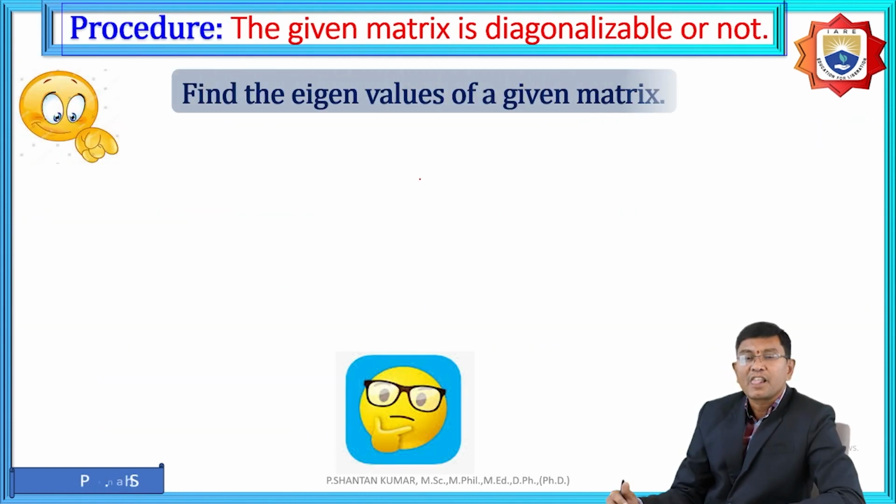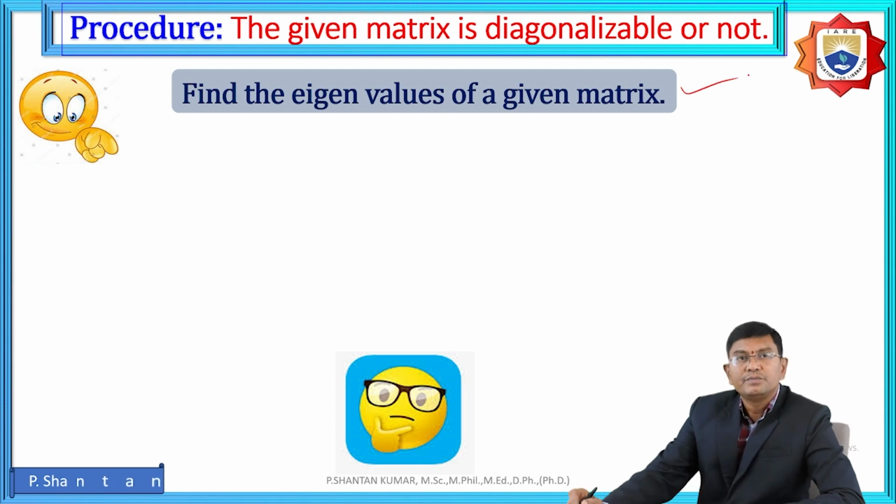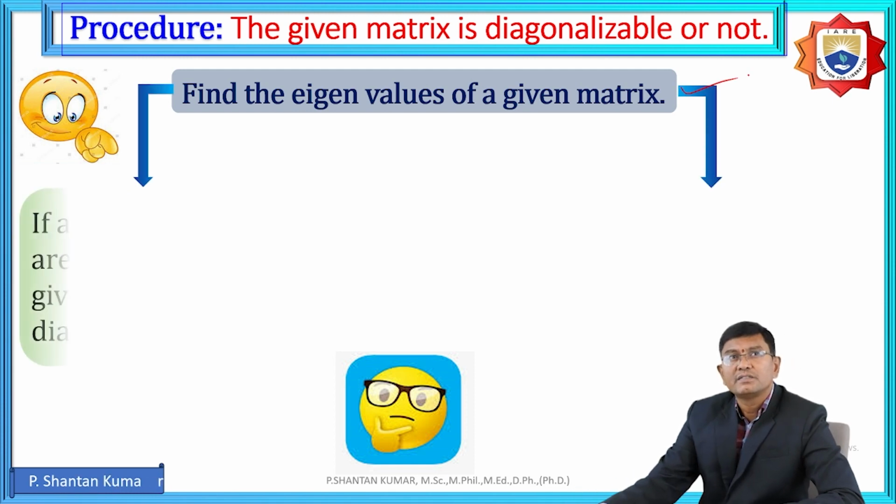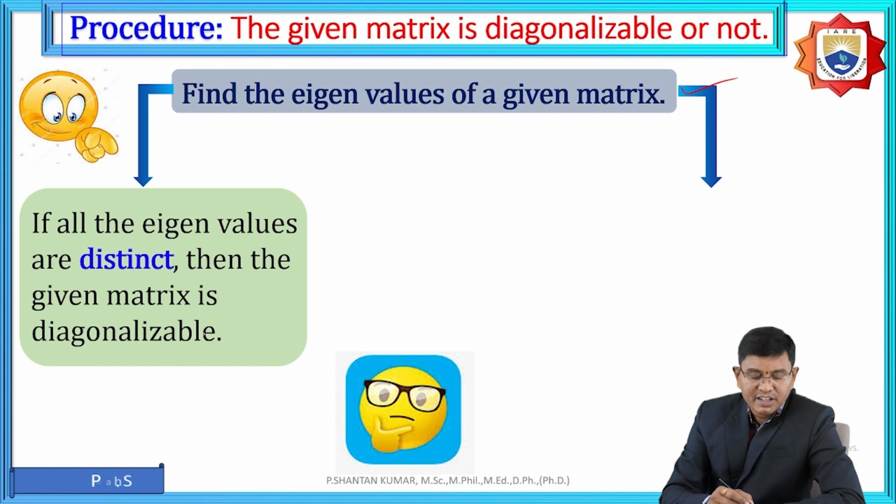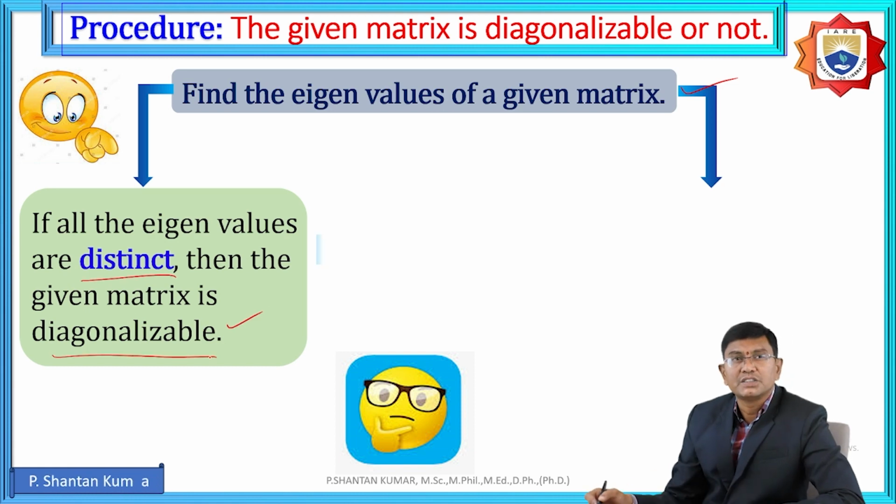First, finding the eigenvalues, we need to check that if all the eigenvalues are different, then the matrix is diagonalizable. That is the first condition.